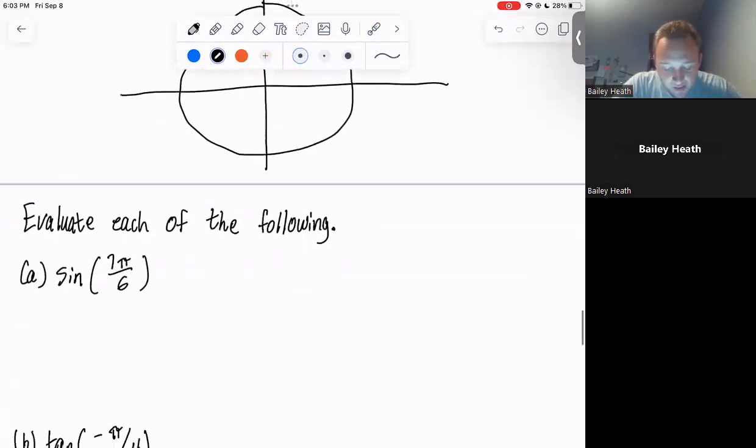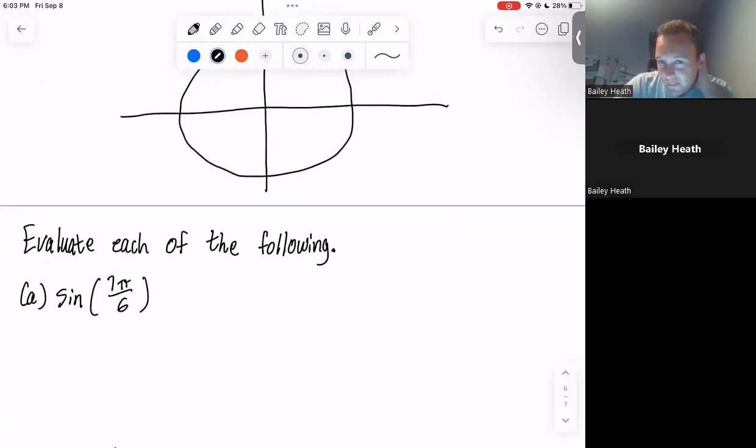So let's start with this sine of 7 pi over 6. How would I go about evaluating this? Well, here's the key observation. This is written as a pi over 6, right? It's 7 pi over 6.